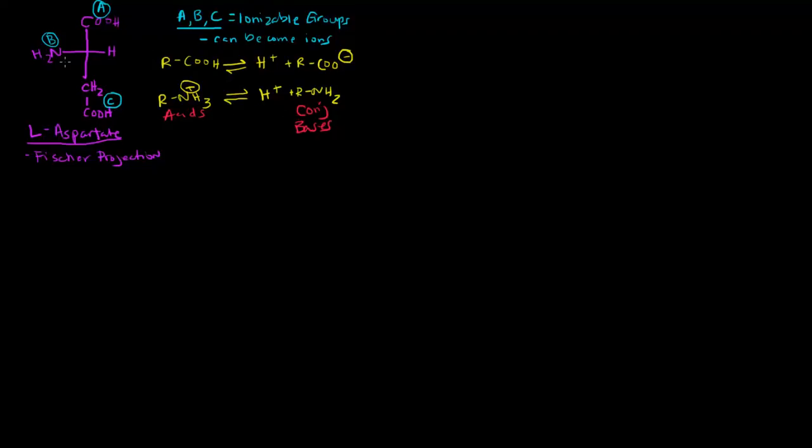So what I wanted to do was, like I said, a quick practice problem. Let's say they tell you the pKa of the side chain carboxyl group of aspartate, which I will abbreviate as ASP.